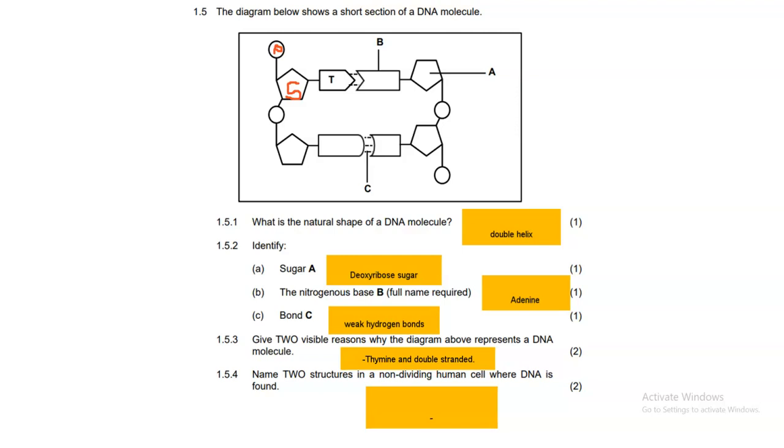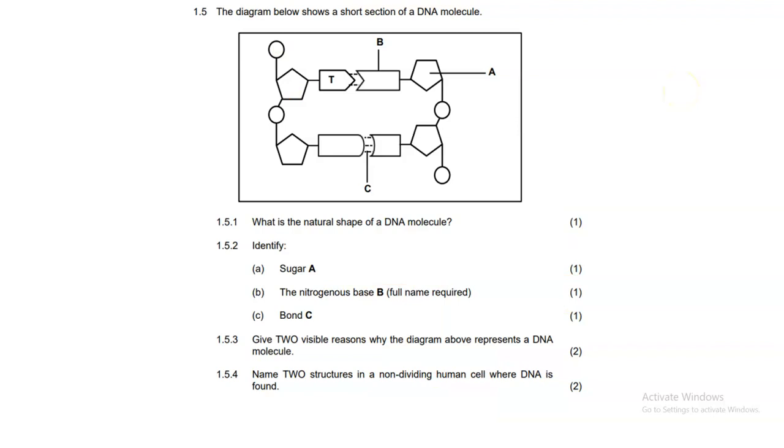So in a human cell, it can be in the mitochondria or nucleus. So that's a good 1, 2, 3, 4, 6, 8. That's a good 8 marks. So without wasting any time, I want to go to the second question.